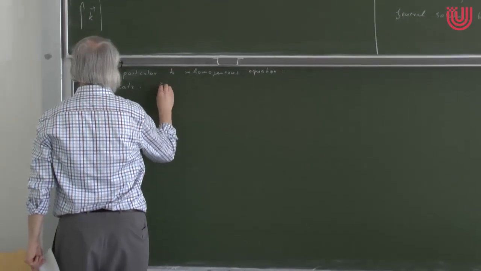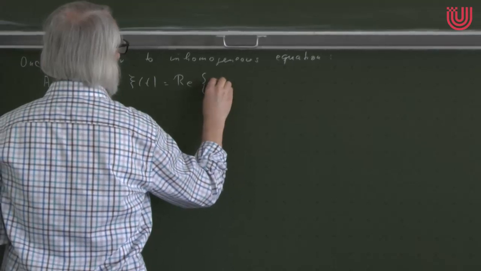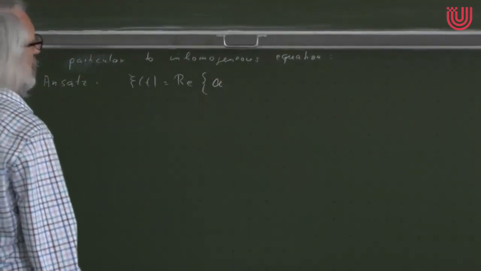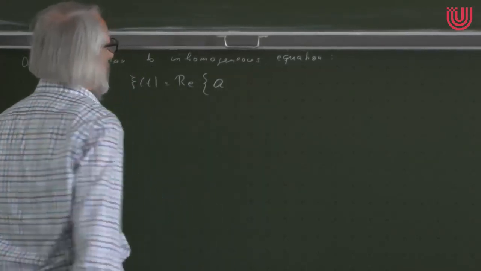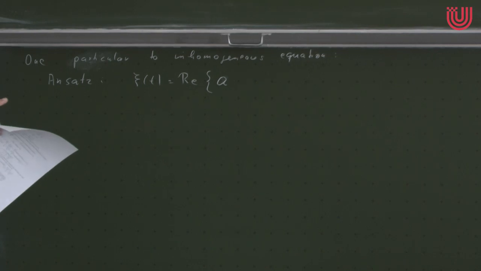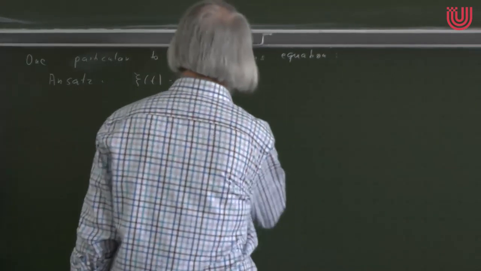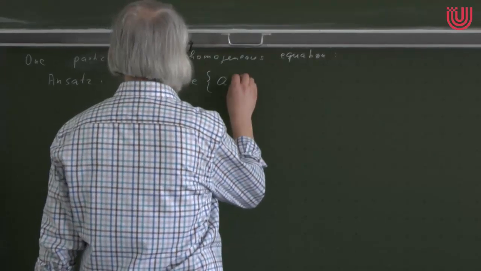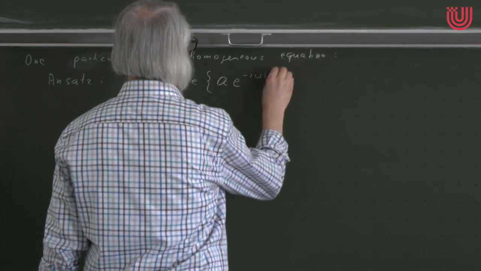So I assume that psi of t is a real part with some amplitude A. I realized later that I had used A before for the semi-major axis, but there's no danger of confusion here. At the moment we have no semi-major axis in this game. So this is just the amplitude of my solution, times e to the minus i omega t.